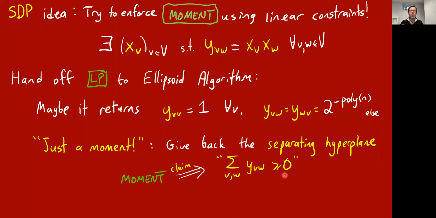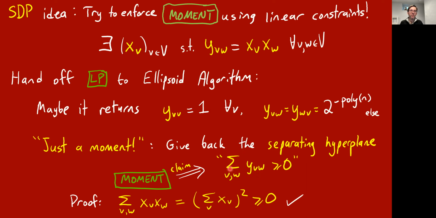And it's actually legitimate, if you're trying to capture the moment constraints, to say that this is a valid constraint. What I'm trying to say is any yvw's that satisfy the moment constraints must satisfy this inequality. And the proof of that is quite simple.